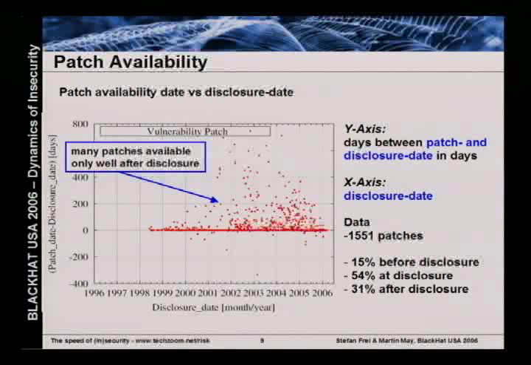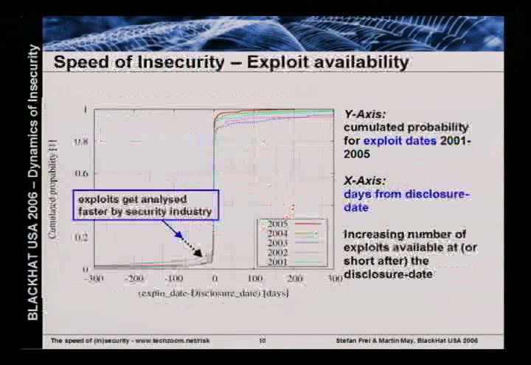To do some more deeper analysis, we plotted the correlated accumulated distribution functions. So what we see here, we have horizontally again the time from or to the disclosure date. Disclosure date is 0. So we look at 300 days before and 300 days after disclosure.